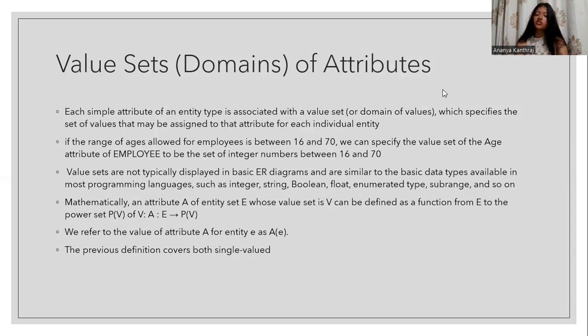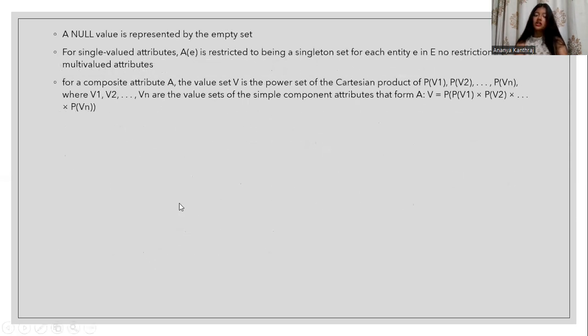Mathematically, an attribute A of an entity set E, whose value set is V, can be defined as a function from E to the power set P(V), that is, A: E → P(V). We can refer to the value of an attribute A for an entity e as A(e). The previous definition covers both single-valued and multivalued attributes. A null value is represented by an empty set.